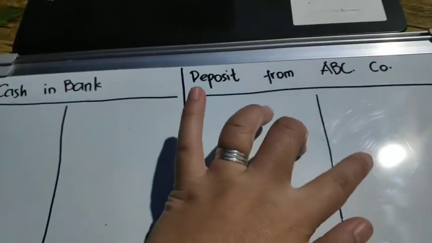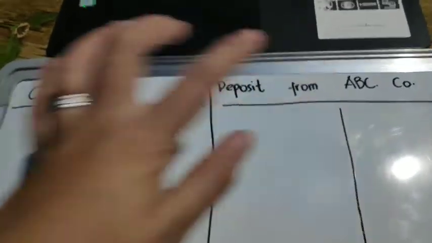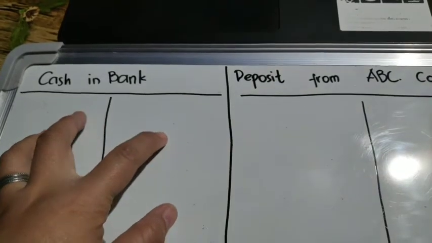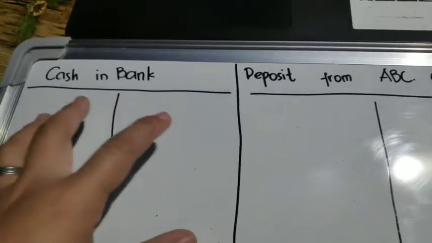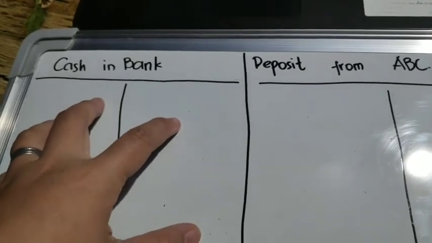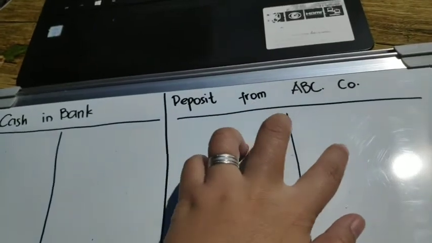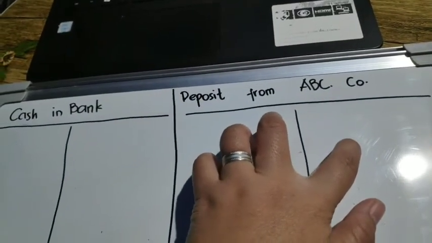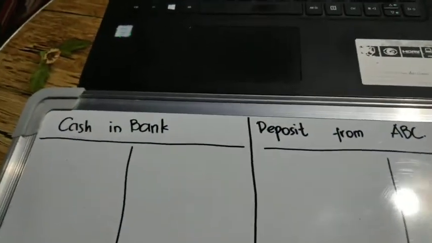And the deposit from ABC Corporation is the part of the bank. So, if there are any cash transactions or deposits, the debits and credits in the cash in bank from the company's general ledger should be reflected on the deposit from ABC Corporation, or on the bank. That is the bank reconciliation.